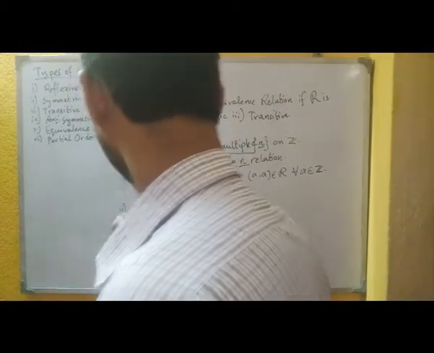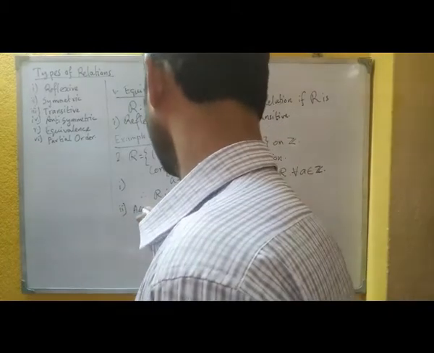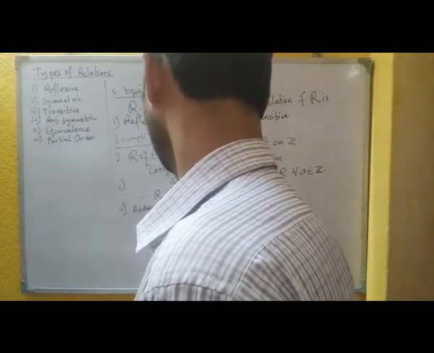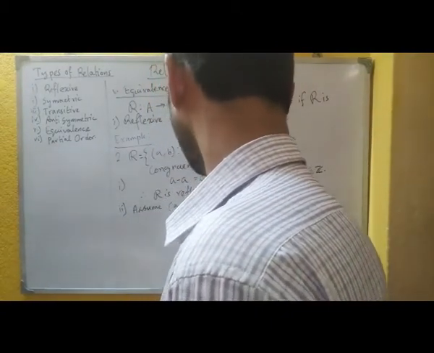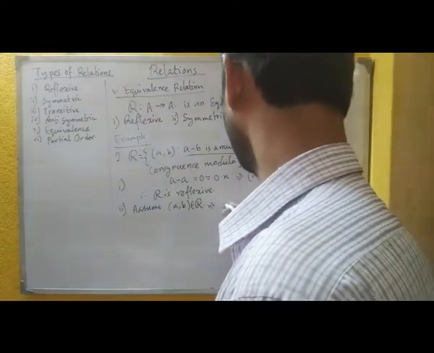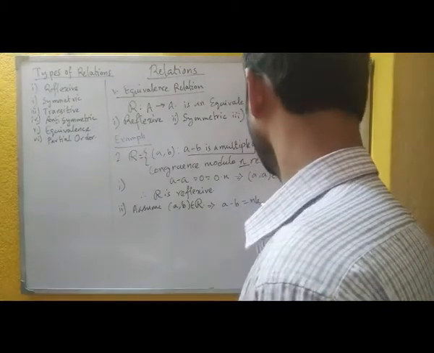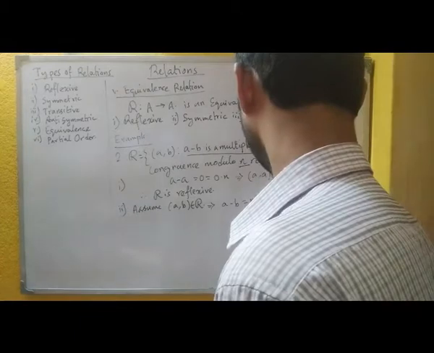Number 2, the symmetry we have to check. So we assume that (a, b) belongs to R. So by the given criteria we can say that a minus b is a multiple of n, and that can be written as nk, where k is an integer.